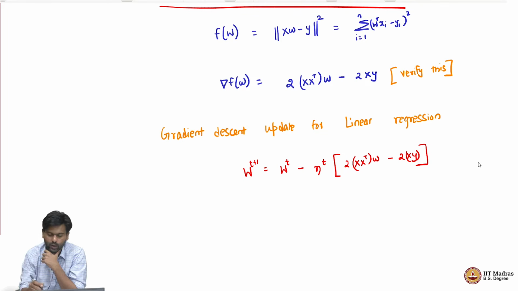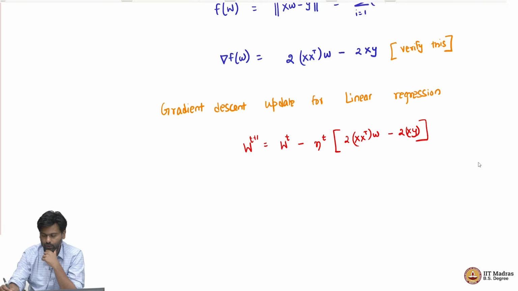This 2 is not so important. You might have added a half in the original function, and I could have thought of this f(w) itself as half, and then the 2 would cancel out. That's usual practice, but here I am not doing that, but it wouldn't really matter. The 2 can be absorbed in the constant, if you will, the step size.